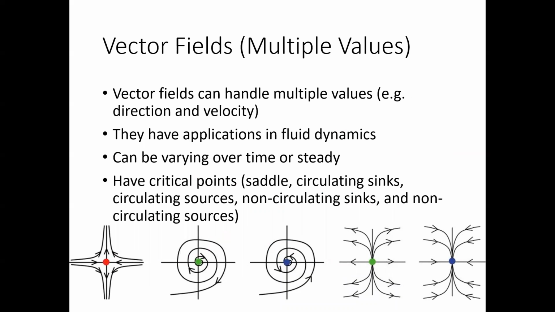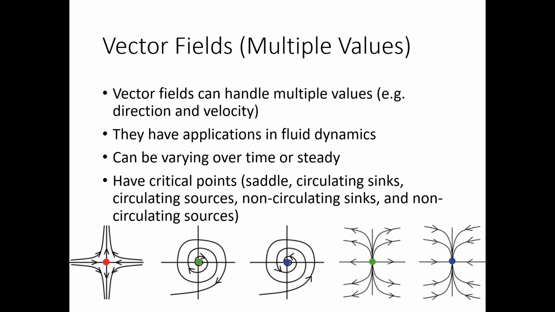For multiple values, vector fields are really useful, and they have a lot of applications in physics and fluid dynamics. They can be varying over time or steady, and one of the things that you need to do with these is you need to identify if there are critical points.